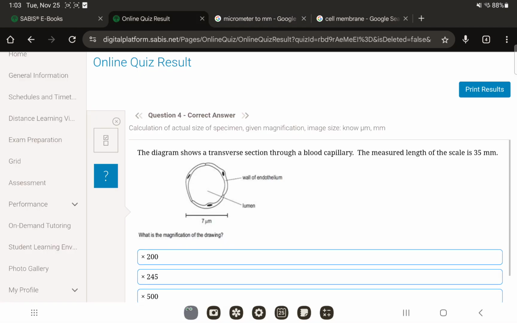I would change the micrometers into millimeters, but you can change the millimeters into micrometers.